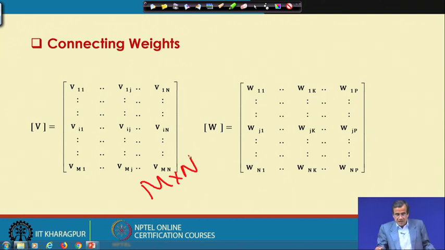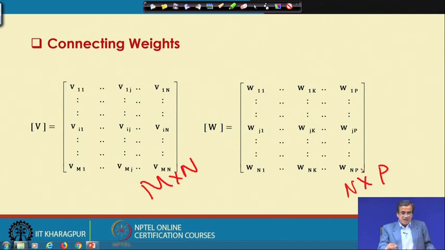Now, similarly, we have this W matrix, that is nothing but the connecting weights between the hidden layer and the output layer, and if you see the dimension, here we have n number of rows and p number of columns. So, the dimension is nothing but n cross p.